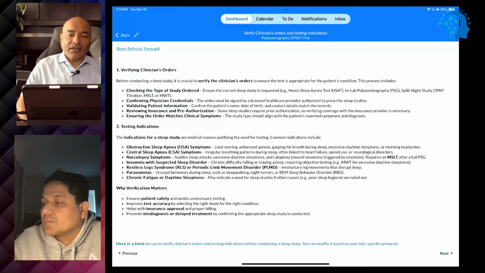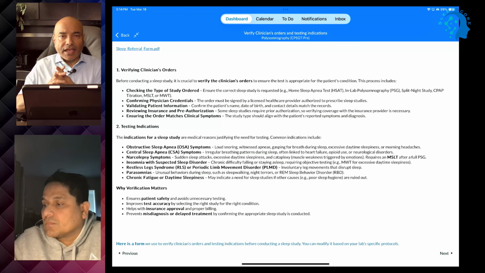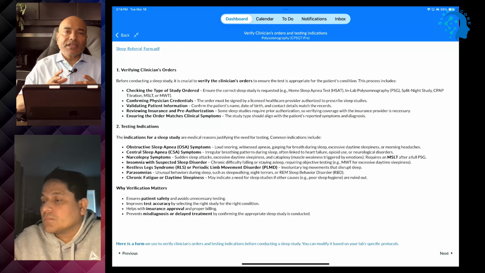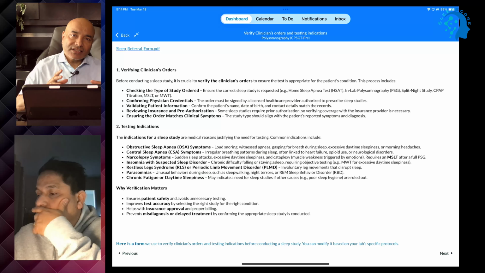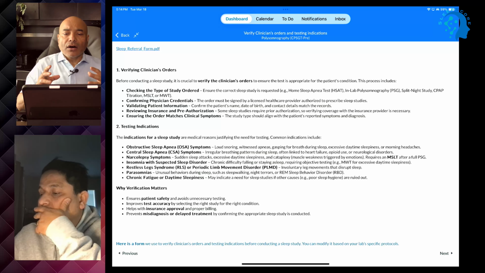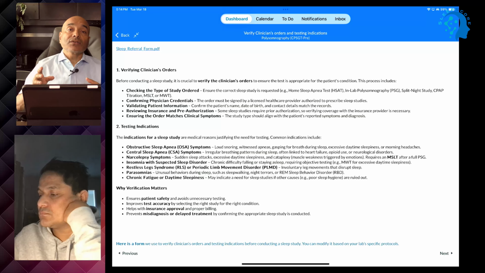Another is the in-lab sleep study, which is the standard one, called PSG or NPSG. Home sleep study is normally called HST, or HSAT, home sleep apnea test. And the in-lab sleep study is called PSG, or NPSG, nocturnal polysomnography test.